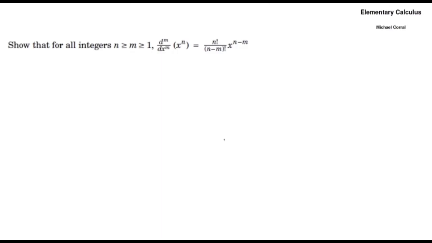In this question we want to show that the m-th derivative of x to the n power equals n factorial over (n minus m) factorial times x to the n minus m power.